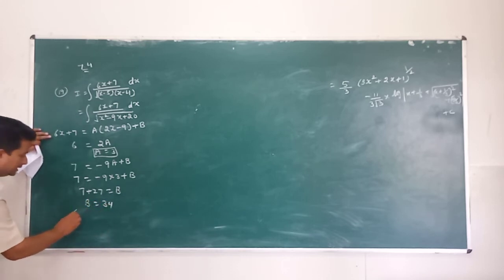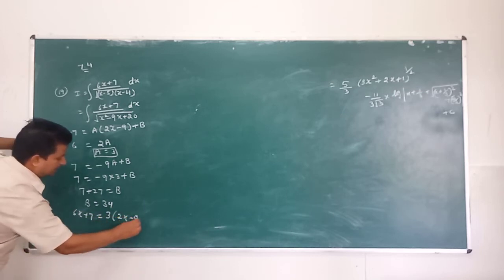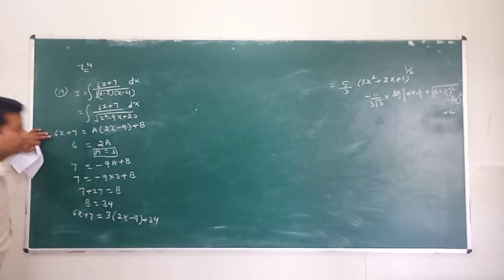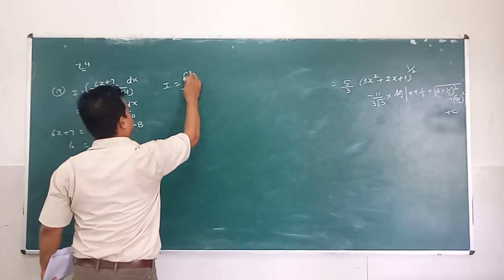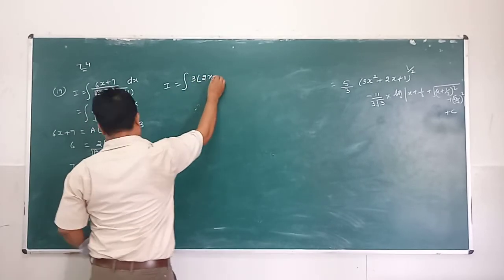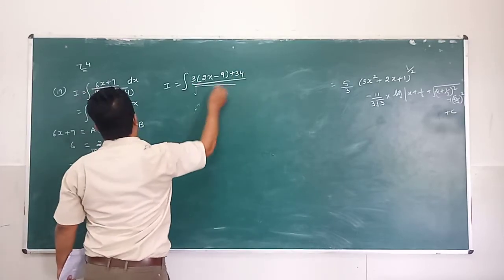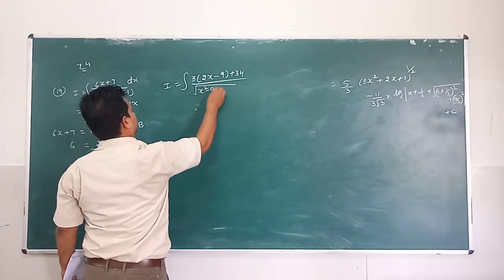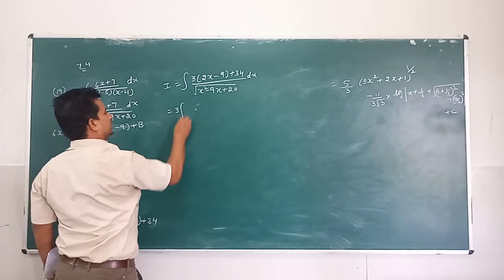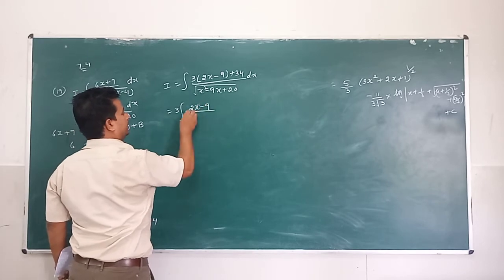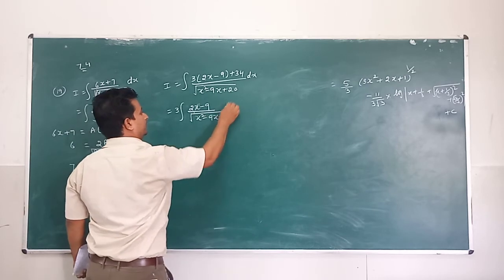This means 6x plus 7 is 3 times (2x minus 9) plus 34. So put the value here: 3 times (2x minus 9) upon the square root of x square minus 9x plus 20 dx.